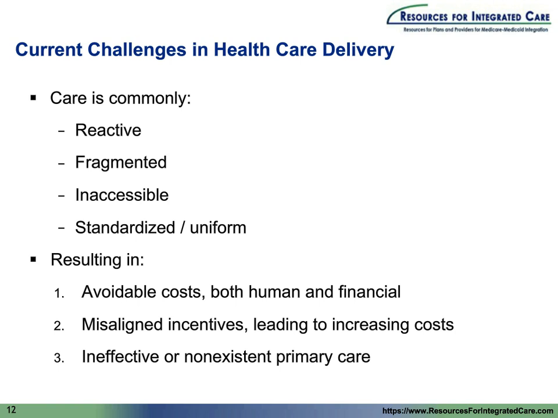So these problems, the reactivity and episodic nature of care, the fragmented nature of care, the difficulty with accessing care, our difficulty in titrating and individualizing, all this results in preventable, avoidable costs, misaligned incentives, and often failure to access primary care.